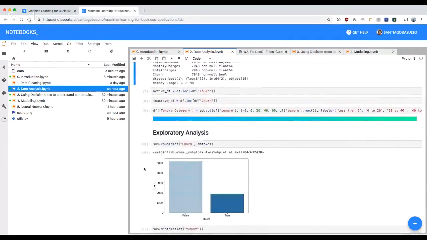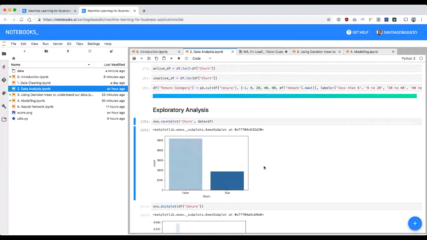So doing a little bit of exploratory data analysis, the first thing you're going to find is that this data set is really unbalanced. That means that there are a lot fewer customers that have churned, that have left. The common case is that churn is false.